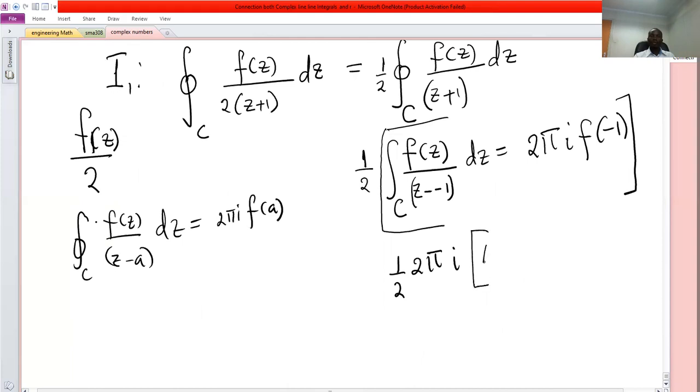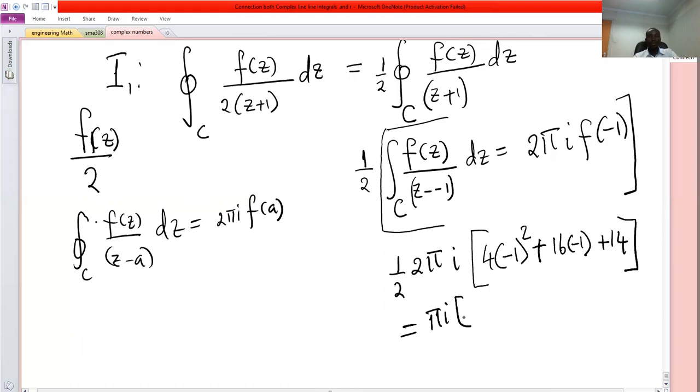So we now have 4z squared, where for z you put minus 1, plus 16 times minus 1, and then plus 14. This will be pi i into 4 minus 16 plus 14, that will give you 2. And this will be now 2 pi i. That is I1.